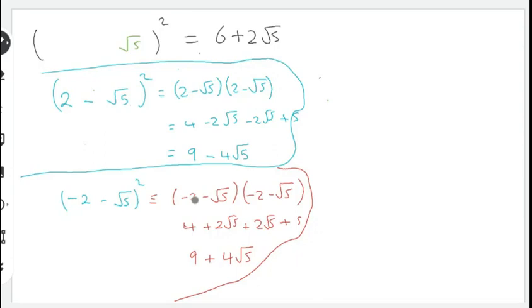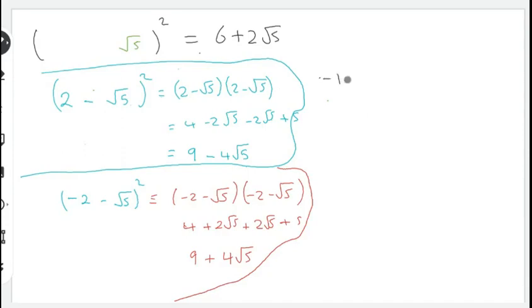But we don't want bigger numbers. We want the result to be smaller. So we've already got -2, and that would leave -1. We could try -1. So let's try that one and see what happens.